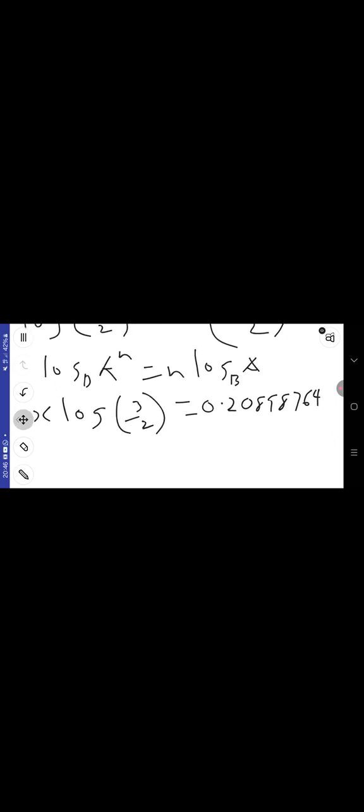The value of 1 plus root 5 over 2 is 1.618, and the log of it gives us 0.2089874. So this is the actual value for log (1 plus root 5) all over 2.